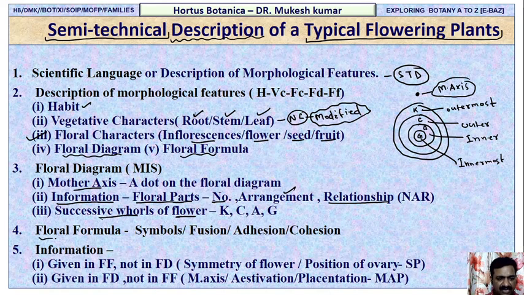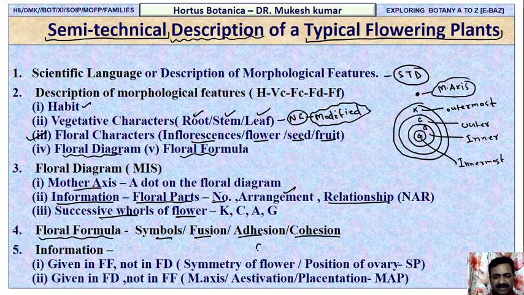Now we have to study the floral formula. Here we will study some symbols, then fusion, adhesion and cohesion. Attraction of similar particles is called cohesion, and attraction of dissimilar particles is called adhesion. If the corolla is there and it is adnate to the stamens, this is called adhesion.